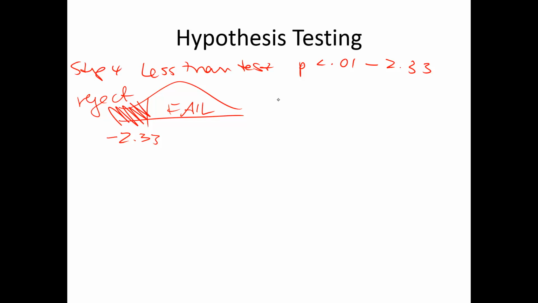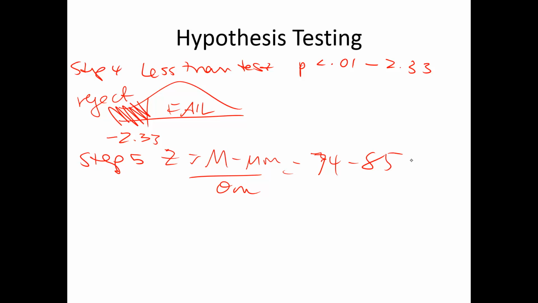For step 5, we're actually going to calculate z. Ooh, goodness, that was not legible. Okay, so we're going to take the sample mean minus population mean divided by standard error. So I've got 74 minus 85 divided by 4.49 is negative 2.45.